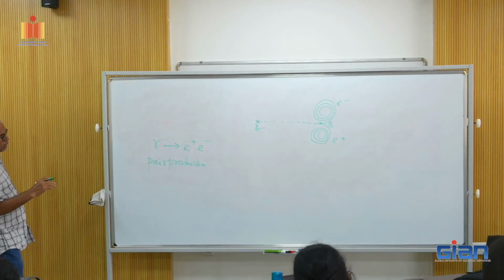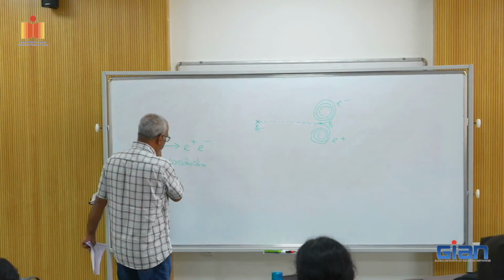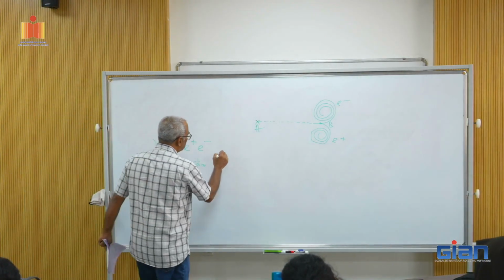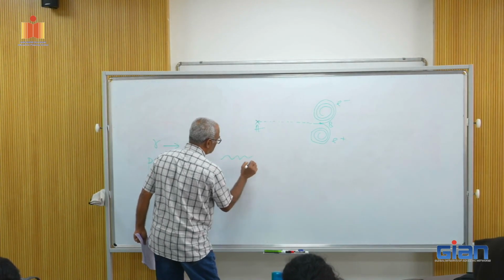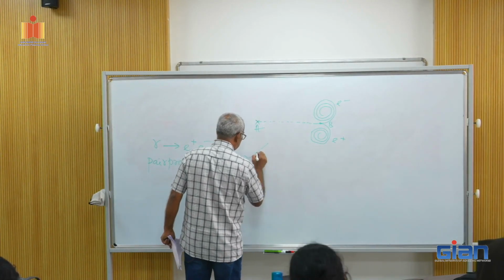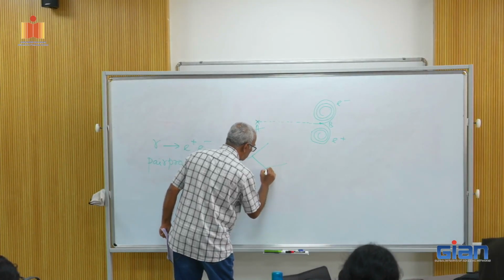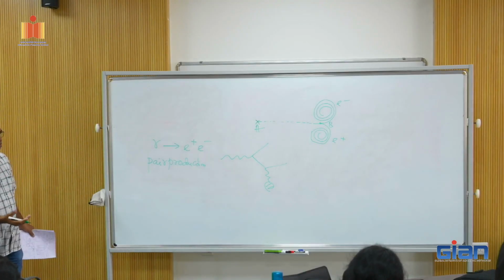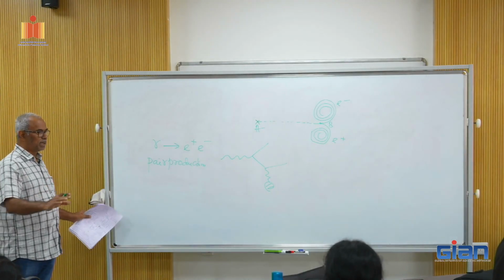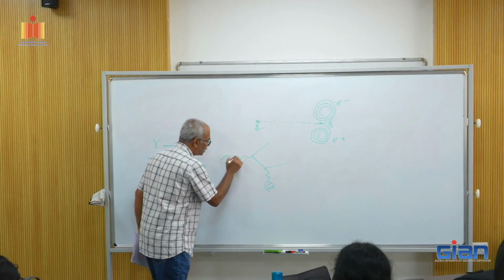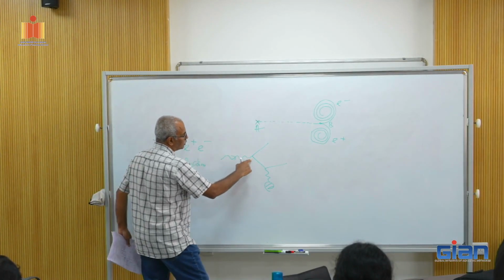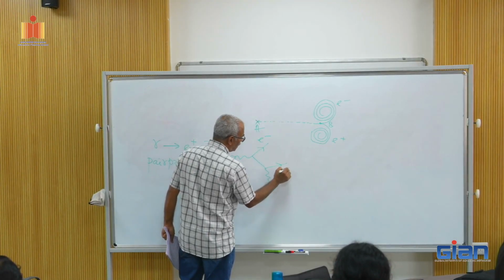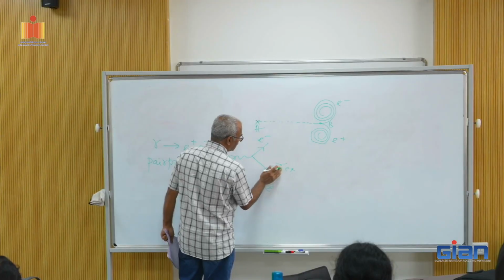Okay, let's say you have a photon and then an electron. This is what is called a Feynman diagram, which I will not explain here, but this is a photon which is going here, and then it produces E plus, E minus, let's say.